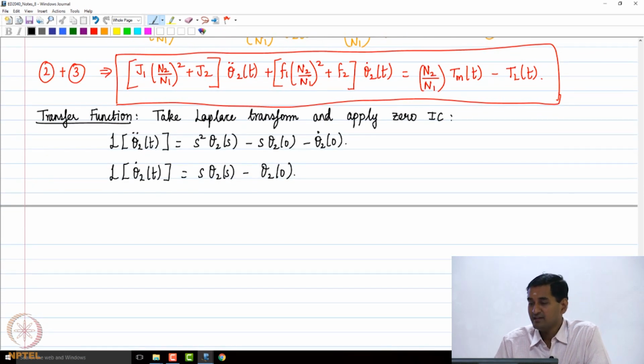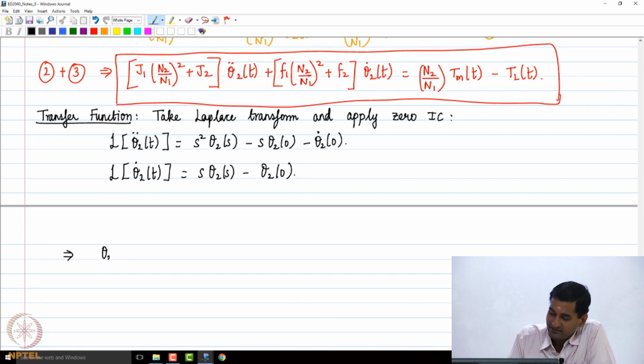So once we apply the Laplace transform, substitute initial conditions to be 0 and collect the terms, what are we going to get?